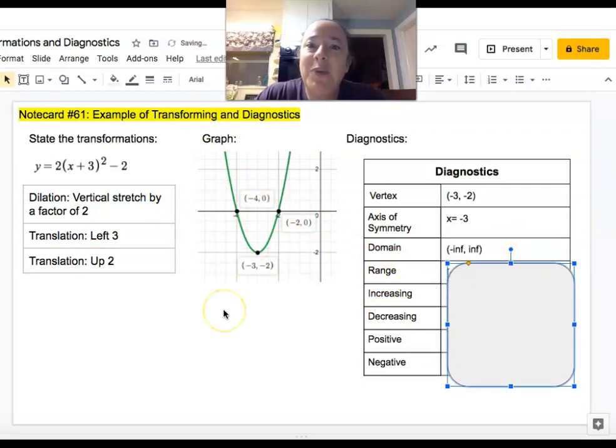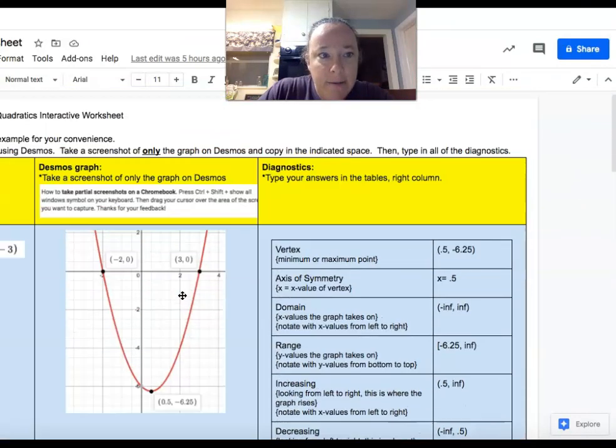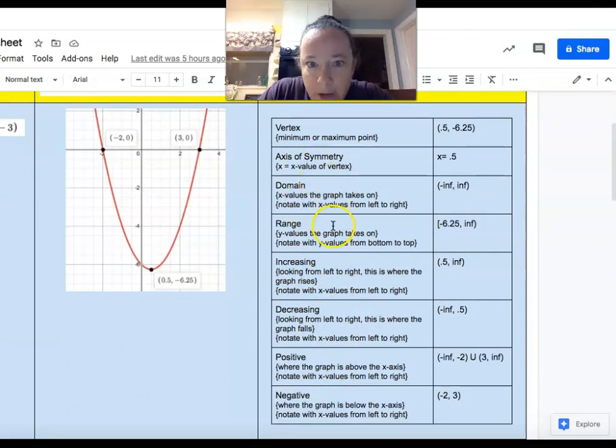All right, now the range is what always gets students. Always, always, always. This is the one where we look bottom to top. When you did your 2.3 interactive worksheet, I had the little tricks for all of this. So the range, we notate with y values from bottom to top, okay?